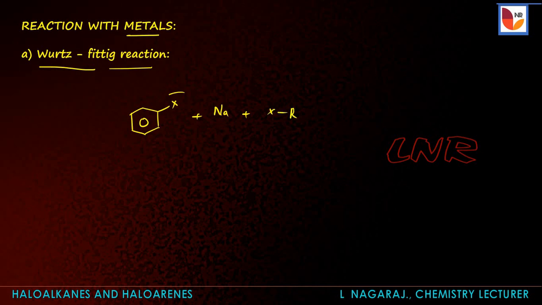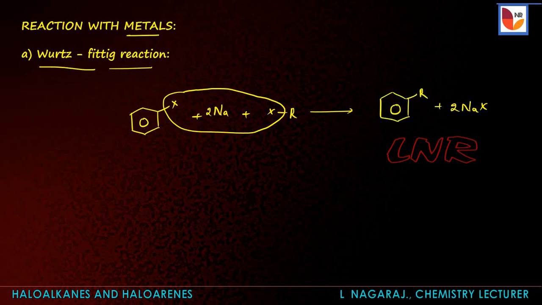There is an elimination of NaX, that is, the product is 2 moles of NaX, and the main product is an alkyl group attached to the benzene ring by replacing the halogen atom. So these reactions are generally called the Wurtz-Fittig reaction.